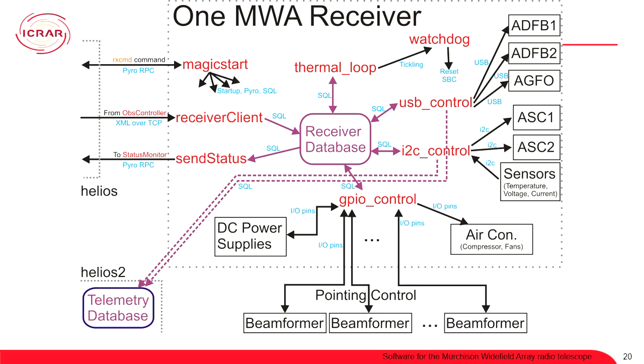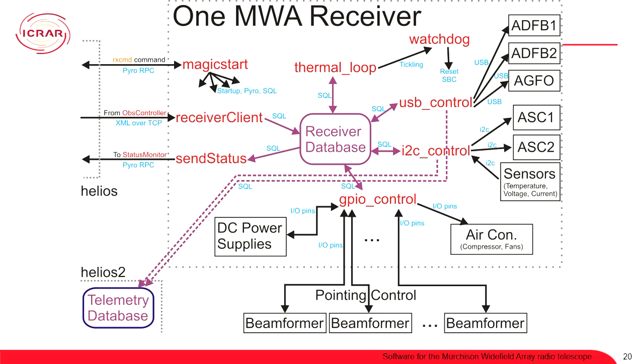So we've got Python code to start some of this stuff up, to stop it, to pass commands. Communicates by Pyro. All the stuff that I've written recently is using Pyro for RPC. The old code uses XML over TCP from a Java controller. Don't ask. And we've got code that uses direct digital I/O to control things like the power supplies and the air conditioner.